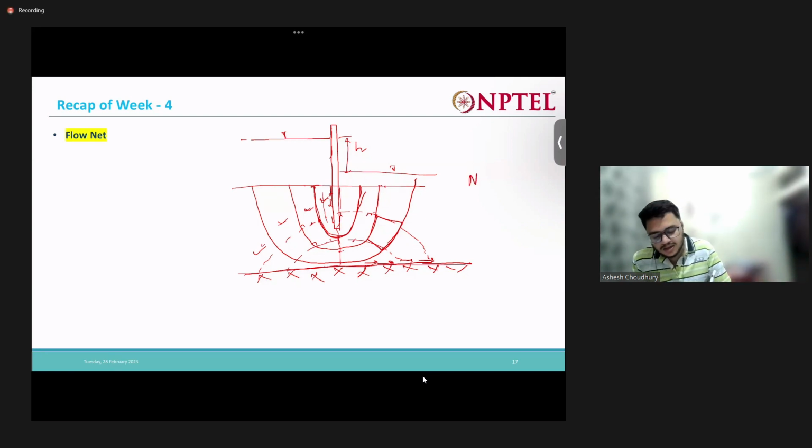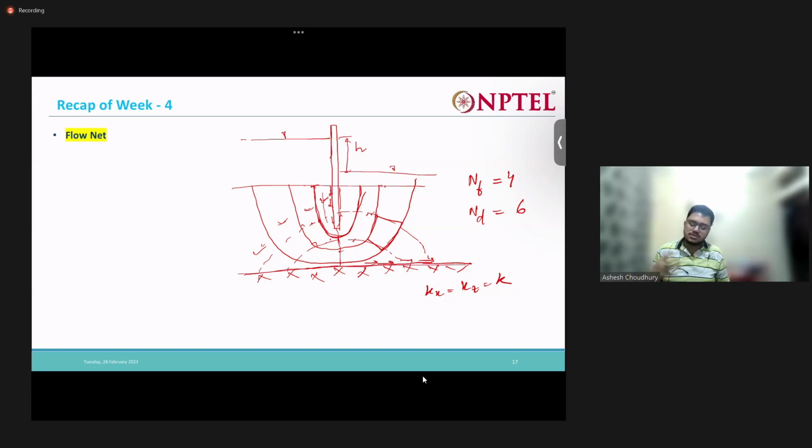So my number of flow channels is 4, and my total number of potential drops is 6, right? And here this is the isotropic case. It is kx equal to kz equal to k, meaning in both directions, horizontal and vertical, the hydraulic conductivity value is the same, right?